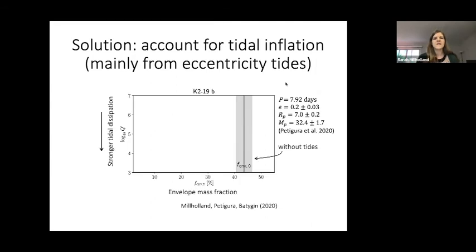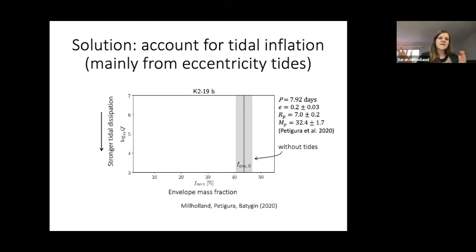So to just illustrate this with one example, we looked at this planet K2-19b, which has a period of about 8 days and an eccentricity measured through radial velocity of about 0.2. And when we use just standard core envelope structural models that ignore tidal heating, we can infer an envelope mass fraction of about 40 to 50%, which is again really precariously close to this 50% runaway threshold.